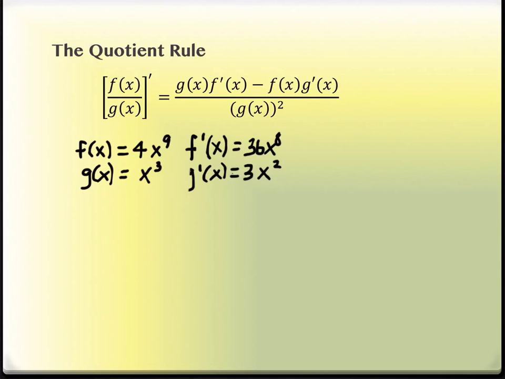All right, these were the individual quantities that we had when we were looking at the product rule. So I'm just going to show you that it really does work with this particular example. And what this says I need to do is I need to take g of x, that's x cubed. So I should have left this down here, I guess.